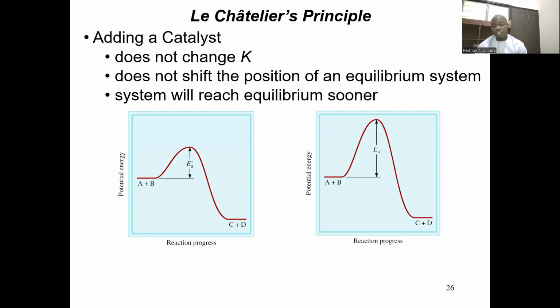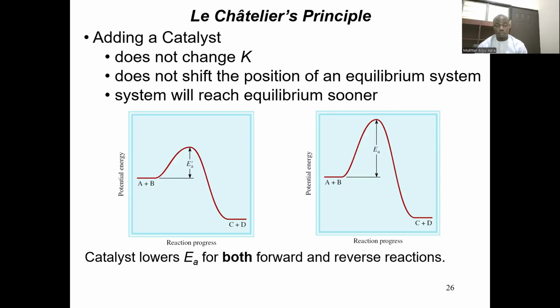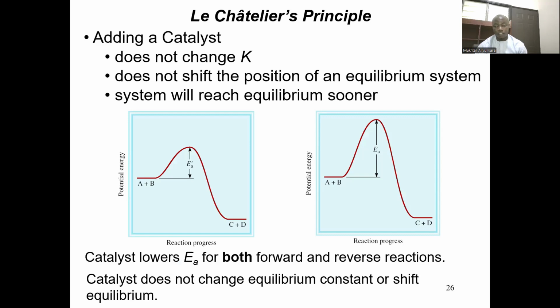Because remember, activation energy is the energy barrier that must be overcome before the reaction can take place. So the catalyst decreases the activation energy, therefore the rate of the reaction will increase. So a catalyst lowers activation energy for both forward and reverse reactions. The catalyst does not change the equilibrium constant or shift the equilibrium.